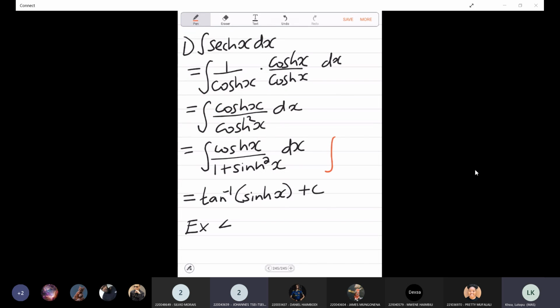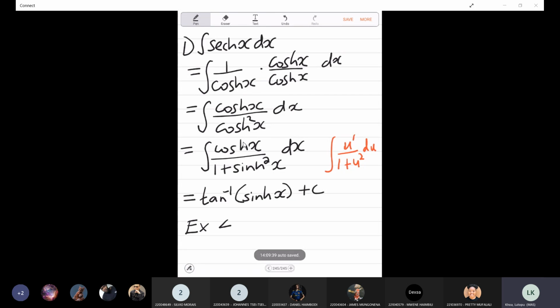What I have here is something like this: u prime over 1 plus u squared du. This is what I have. So when it's like this, this is just tan inverse of u, not u squared. So it's not the derivative of sine hyperbolic squared, it's the derivative of sine hyperbolic. Oh. Okay.